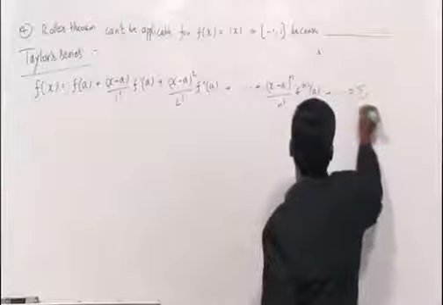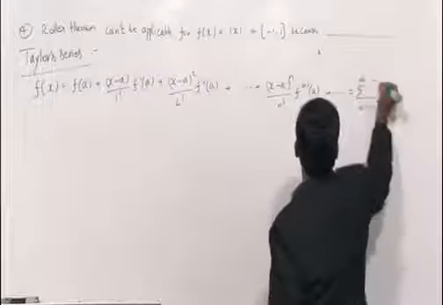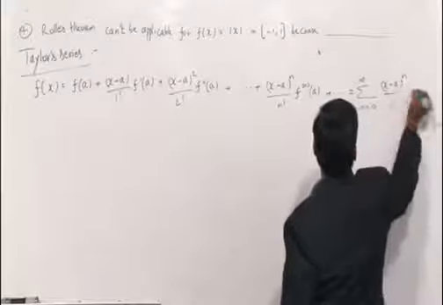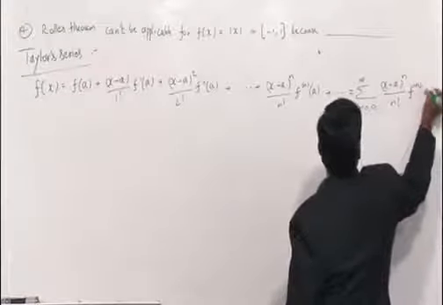This can be written in summation form, sigma n is equal to 0 to infinity, (x minus a) whole power n by n factorial f^n(a).